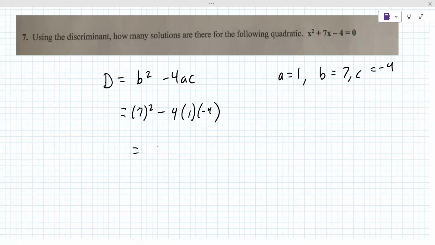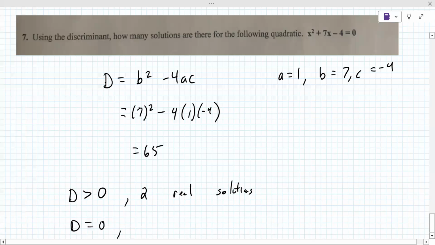So it's positive 65. So there are 3 possibilities. If the discriminant is greater than 0, that means there are 2 real solutions. If the discriminant is equal to 0, there is 1 real solution. It's called a repeated root.